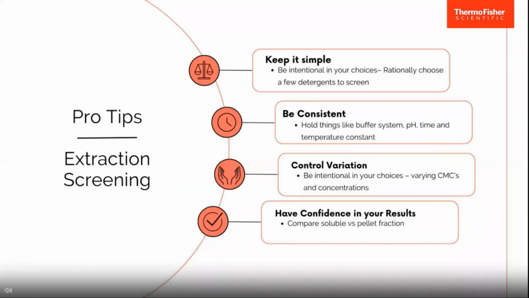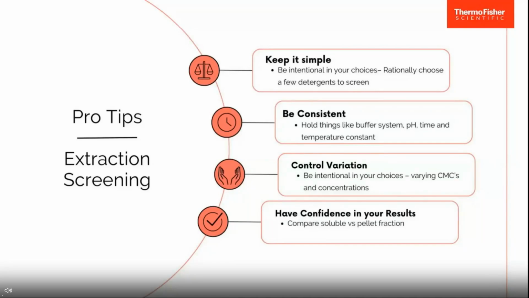Here are some easy to remember tips to set up an effective membrane protein extraction, as it can feel overwhelming to get started. First, it's essential to maintain a constant buffer system and pH throughout the entire process to ensure stability and reproducibility. And while keeping these parameters constant, you're going to want to vary concentration and critical micelle concentration of chosen detergents to identify the optimal conditions for solubilization.